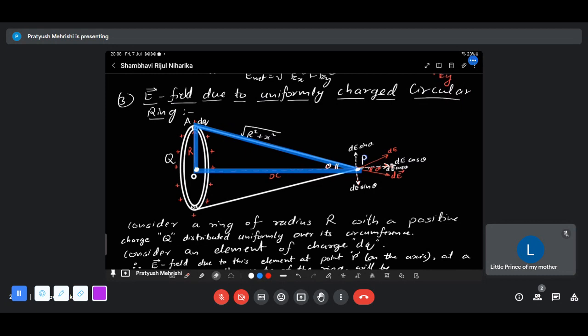Again, we will take a small element of charge dq. Now we will find the electric field due to this element at point P. Write down till this point and draw the diagram.